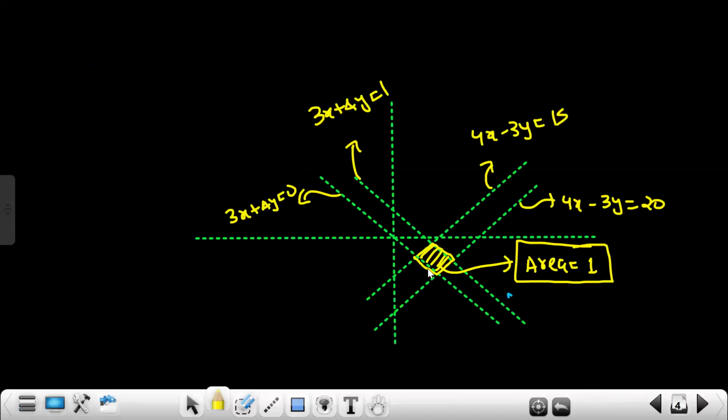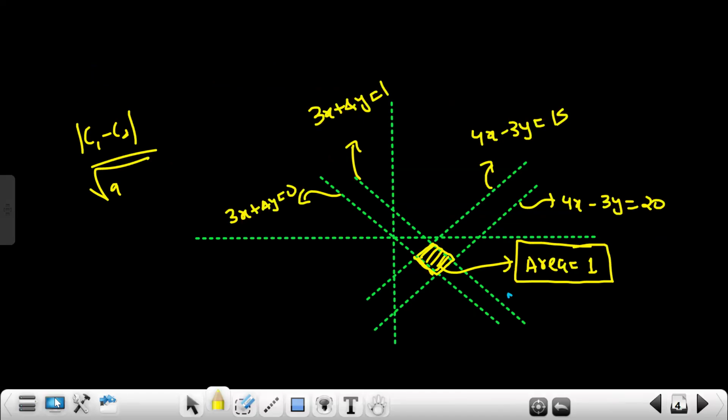And also, if you want to know how we got this, these are two parallel lines. So how do we find this? This is the distance between two parallel lines. Remember the formula: mod of C1 minus C2 upon under root of A square plus B square. That formula you must remember.